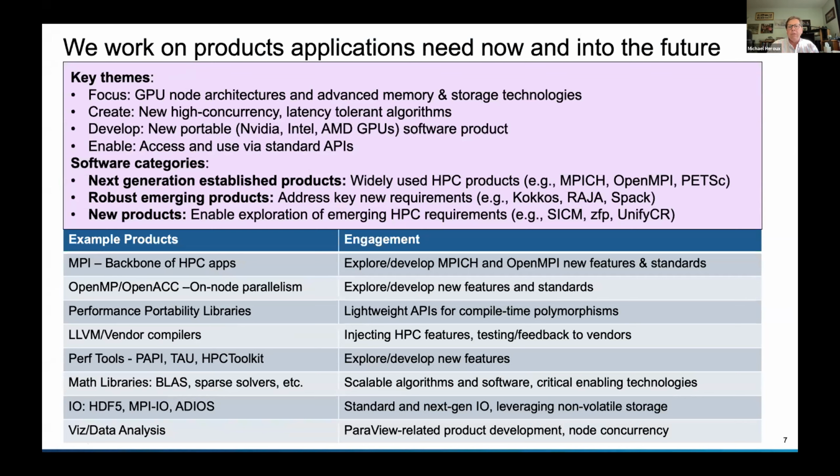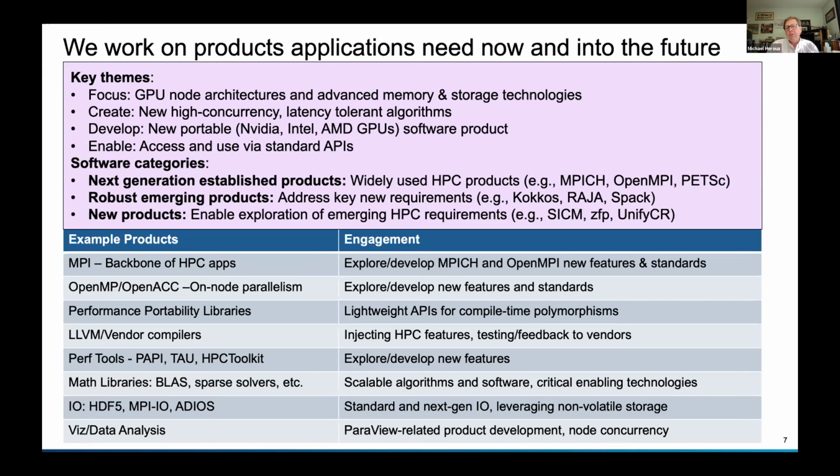MPICH, one of the more popular MPIs, especially with the vendors, OpenMPI, PETSc, the libraries. When ECP got started, Kokkos, RAJA, Spack were maybe lesser known names through the activities of ECP and certainly other activities as well. These have become kind of household names as we approach the end of ECP, maybe at least within HPC households, maybe not broadly, but I think you understand what I mean.